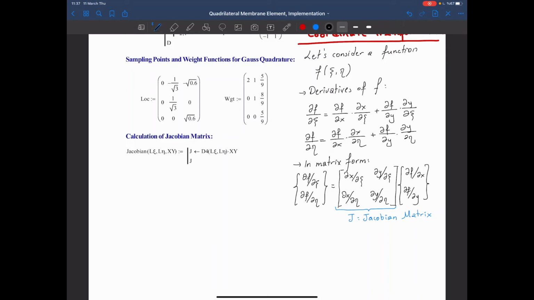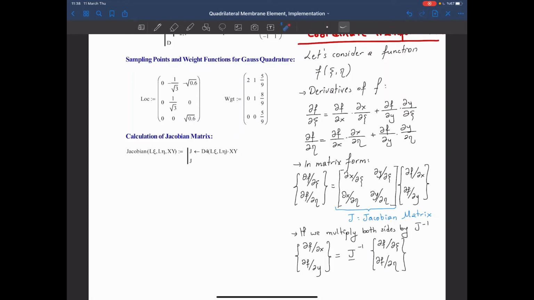Now if I multiply both sides by the inverse of the Jacobian matrix, I obtain the following relationship: del f over del x, del f over del y is equal to Jacobian inverse multiplied by del f over del psi and del f over del nu.